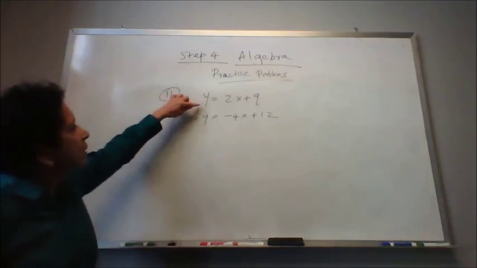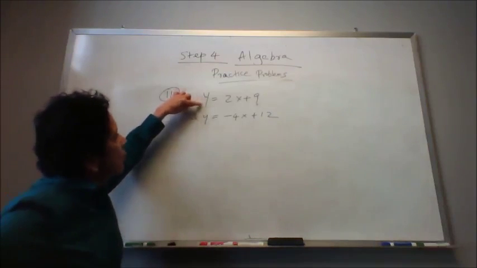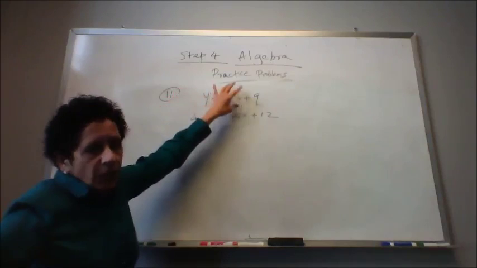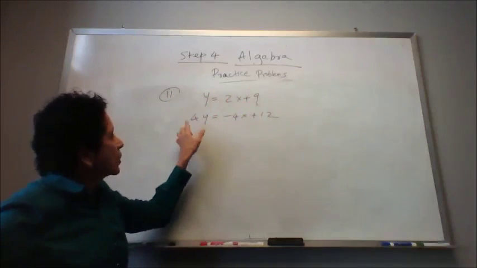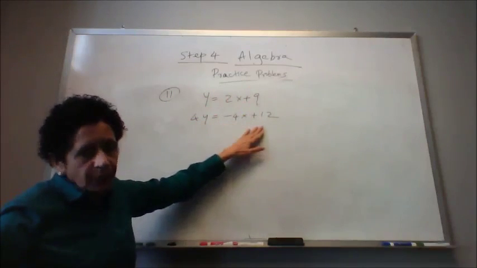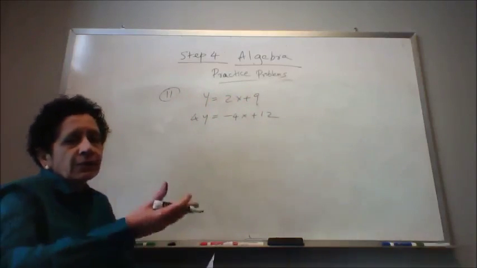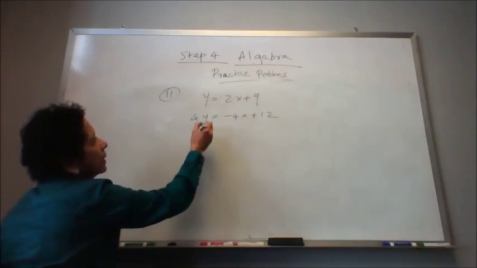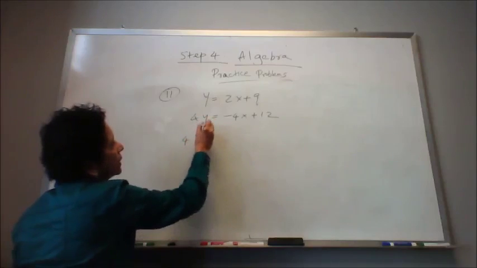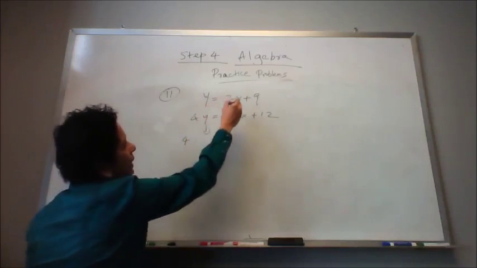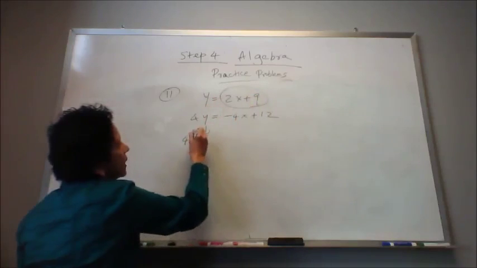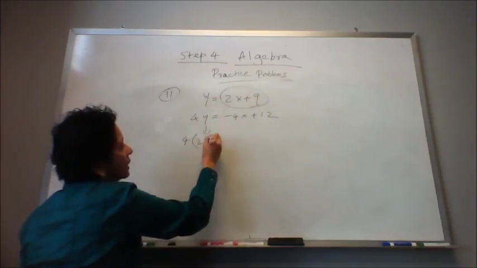So in this case, the first equation says y equals something, okay? And then the second equation, 4y equals something. So all I have to do is substitute here, 4, and then this y value. So the y, from the first equation, I know that y is 2x plus 9.